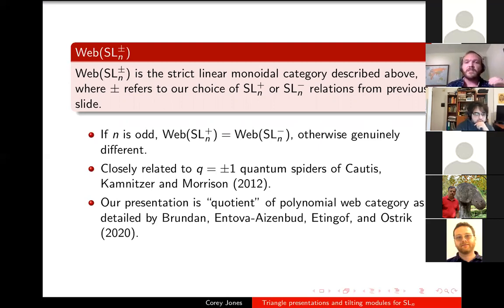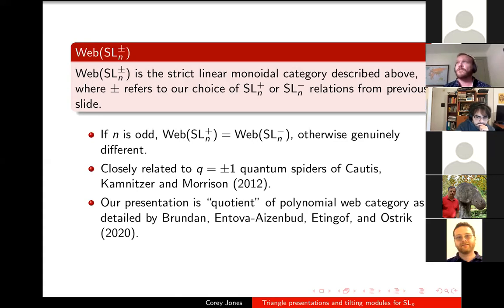The comparison is a bit tricky, because those categories are defined as free pivotal categories, whereas ours are just monoidal categories. When q is plus 1, it's not so hard to compare them, and you can actually find an equivalence between the underlying monoidal categories. When q equals minus 1, it becomes a bit annoying, because in our categories there's an obvious choice of pivotal structure using the cups and caps given by the trivalent vertices.